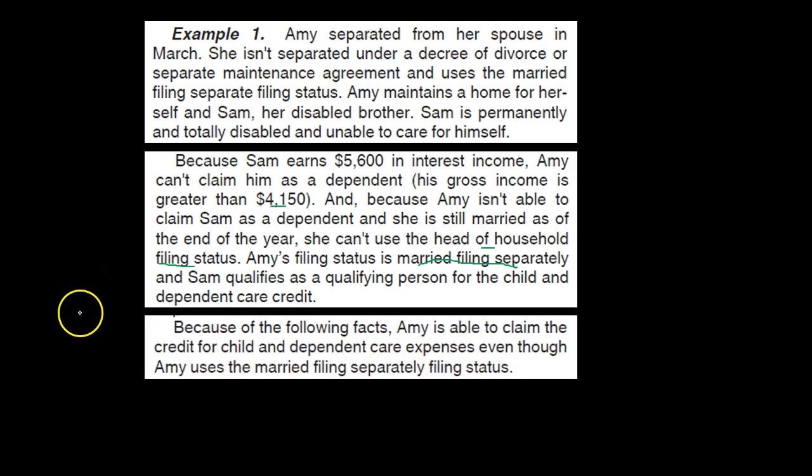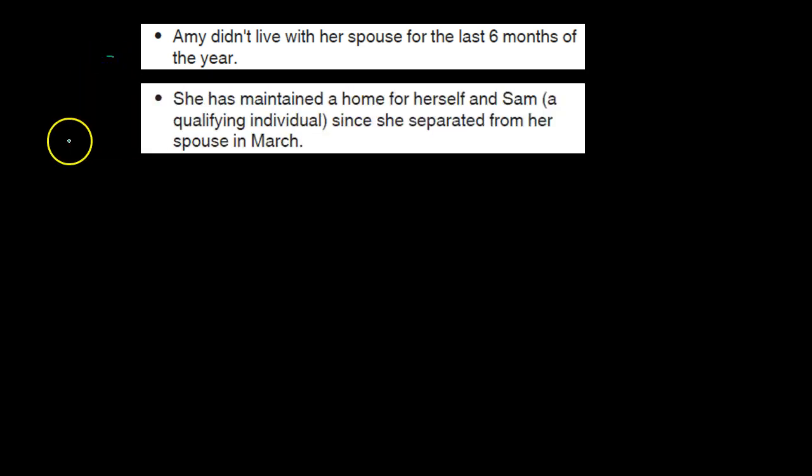Because of the following facts, Amy is able to claim the credit for the child and dependent care expenses even though Amy uses the married filing separately filing status. Amy didn't live with her spouse for the last 6 months of the year.